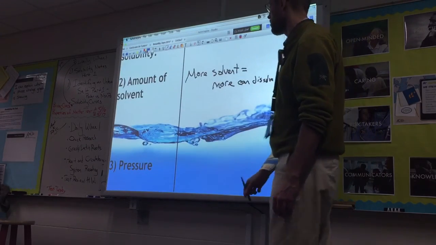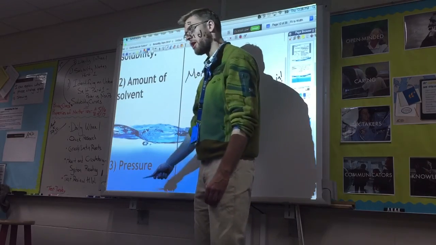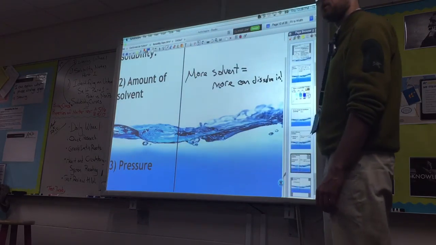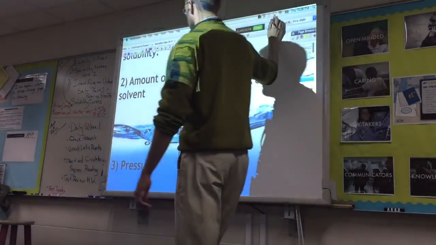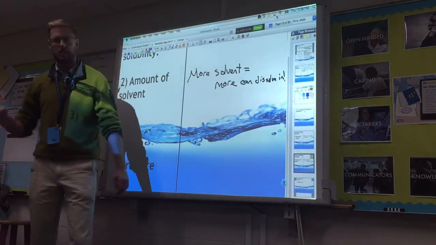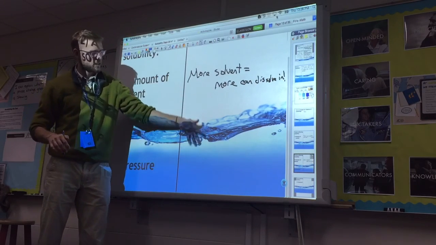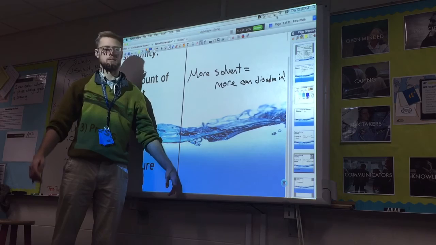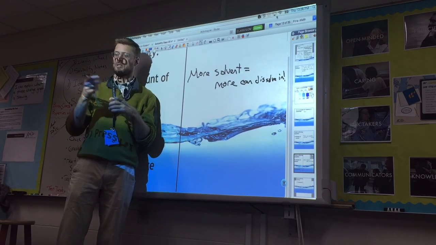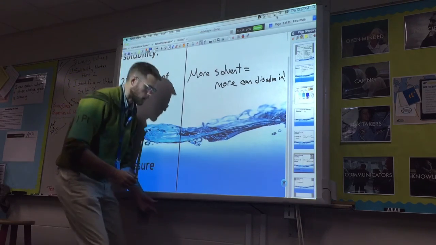Another way is the pressure actually can change how much can dissolve, which is interesting. It doesn't affect solids, but you can dissolve gases into liquid, right? That's oxygen dissolved in, or carbonated soda, right? Carbon dioxide that's dissolved in there.